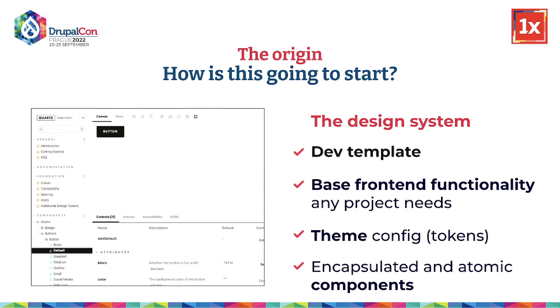After that, you will have encapsulated and atomic components with all the base functionality that any front-end project could need. And of course, it's going to match the design. So now, Lara is going to continue with it.